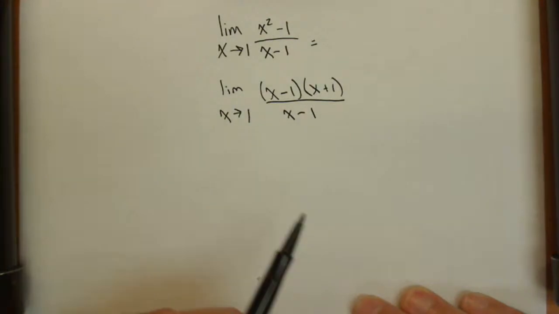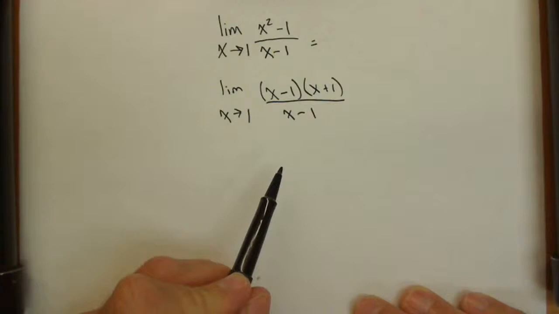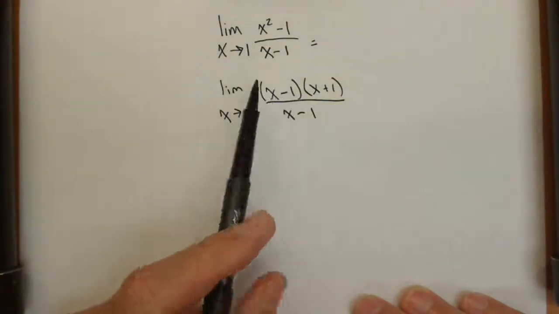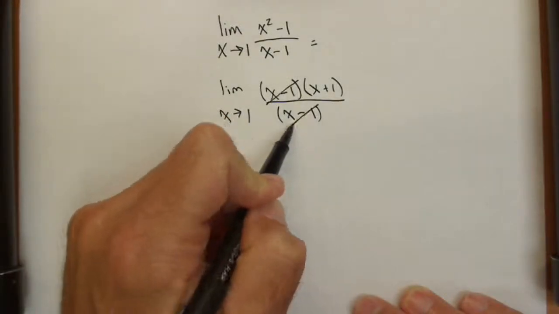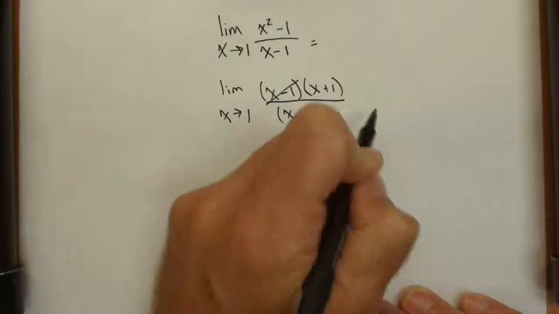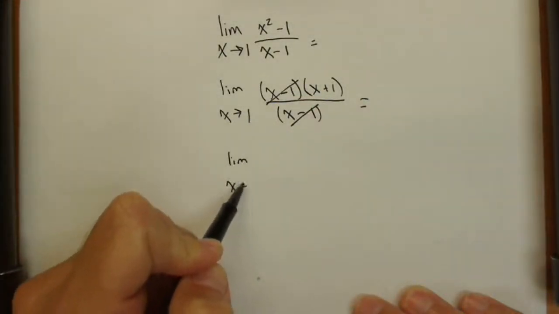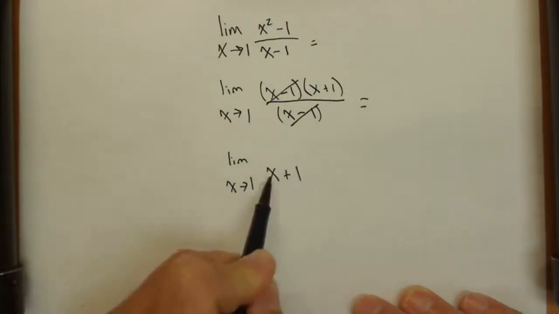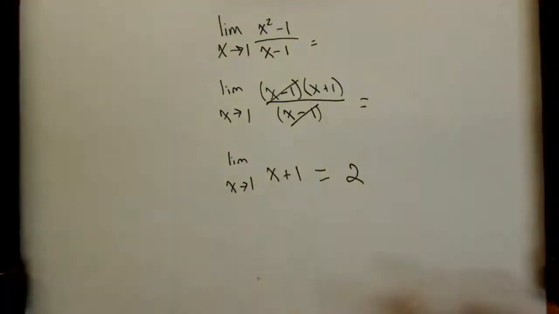Now because we're looking for a limit, we're just talking about the function's behavior around 1, not what its actual function value is, because this one we saw doesn't have a function value at 1. So one thing we can do is cancel out this x minus 1, and then calculate the limit as x goes to 1 of x plus 1. Plugging 1 in for x there, we get 2, and verify what we saw numerically.